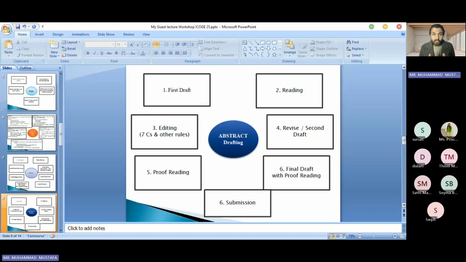So the first draft is very important, and while creating the first draft, we have to focus on the style and requirements of the journal, of the conference, of the university or your institution.